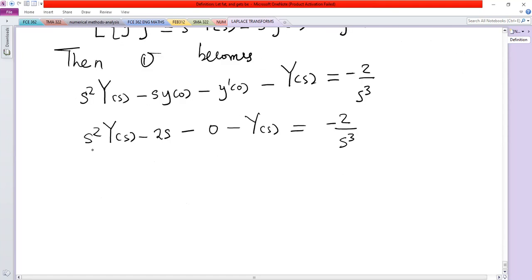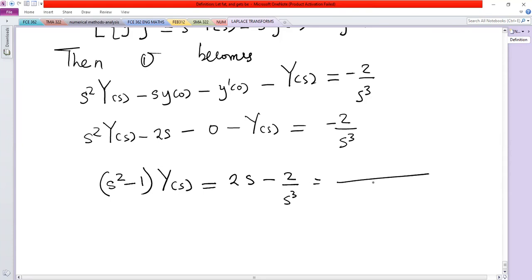So collecting terms with capital Y of s, we'll have s squared minus 1 times capital Y of s equals, moving this to the right hand side, plus 2s minus 2 over s power 3.